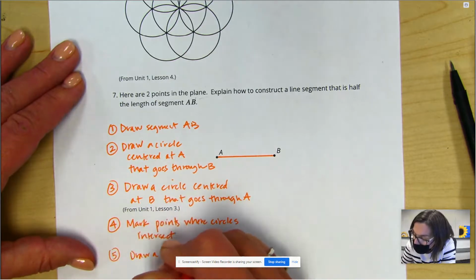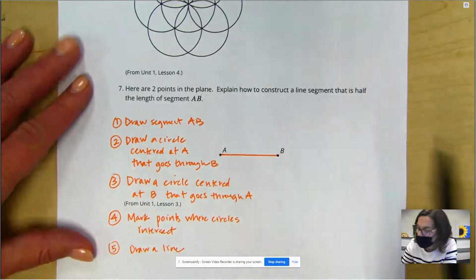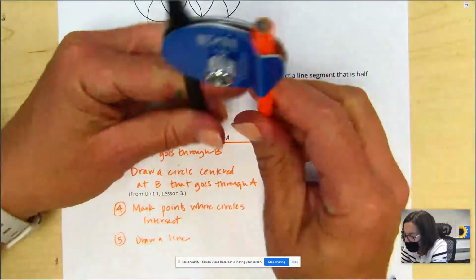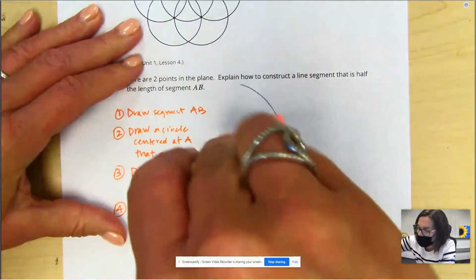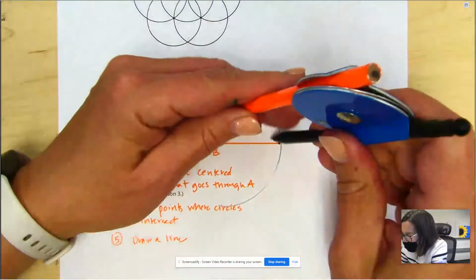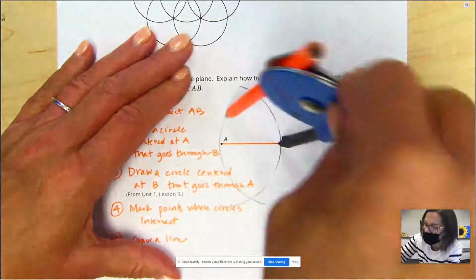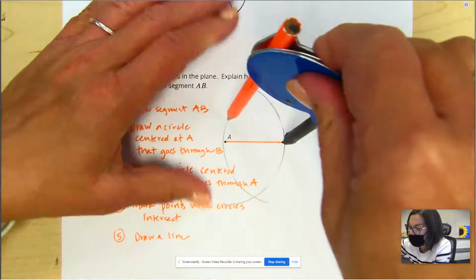So what's going to happen, and I'm doing this just for demonstration purposes, you don't need to do that. It's like trying to imagine it. Here we go. I'm only going to draw the part I need. Oh my gosh. The compass is dancing.